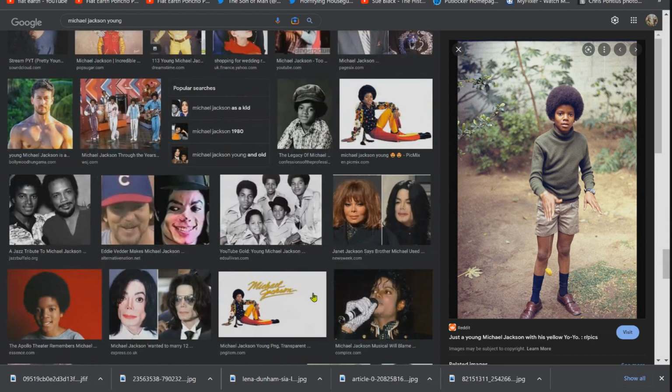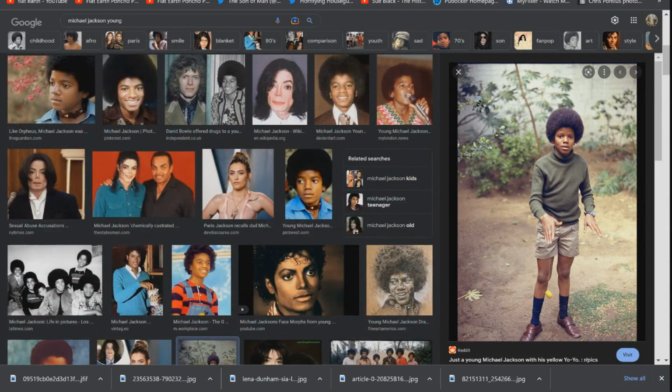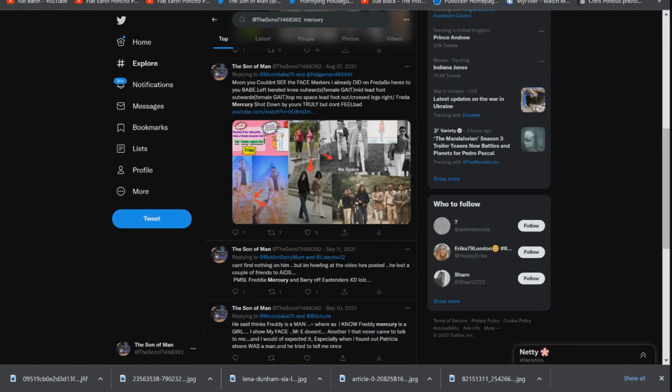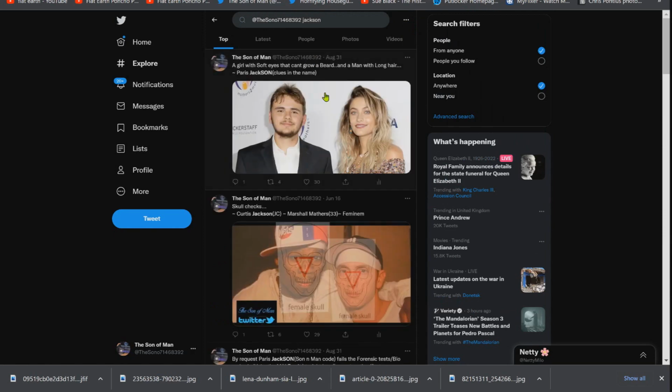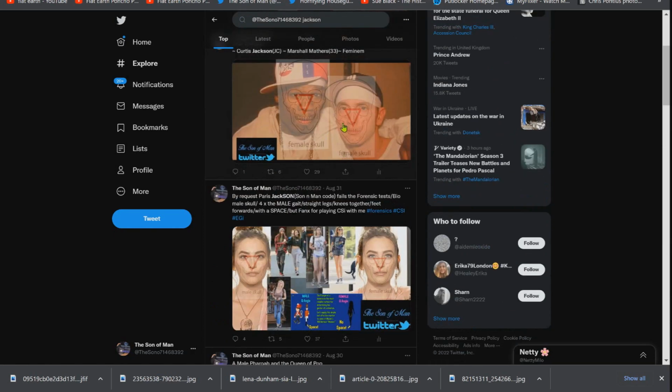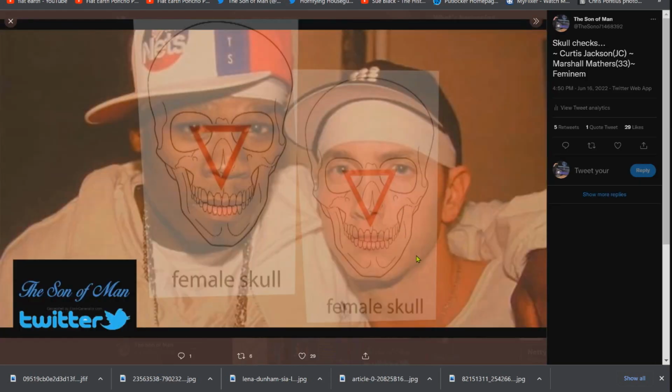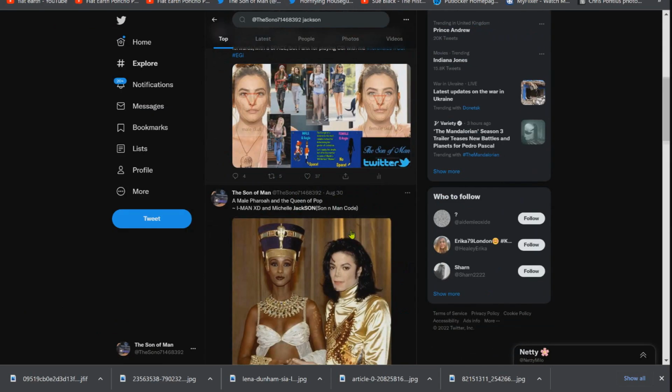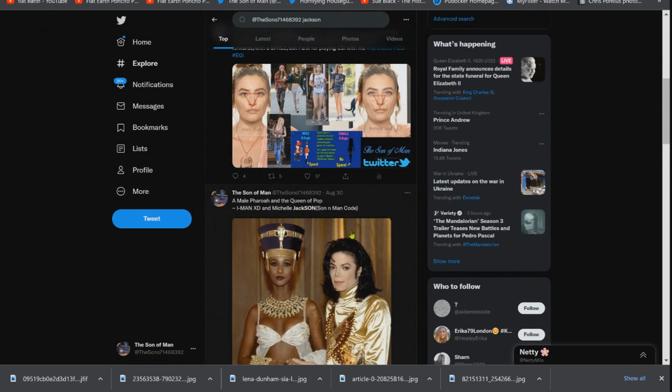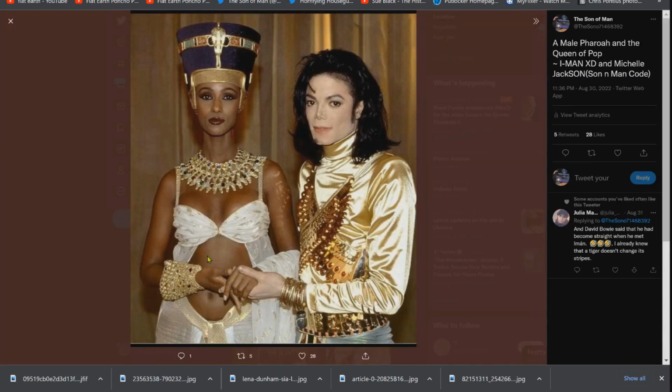Right, I'm not going through all them pictures. I'm just going to go find him on there, because I've done him. Oh, look. Fiddy and Eminem. It's Jackson with a dash in the middle, isn't it? I'll find it. Next to the real Michael Jackson there. Look at that big neck, strong neck on it.